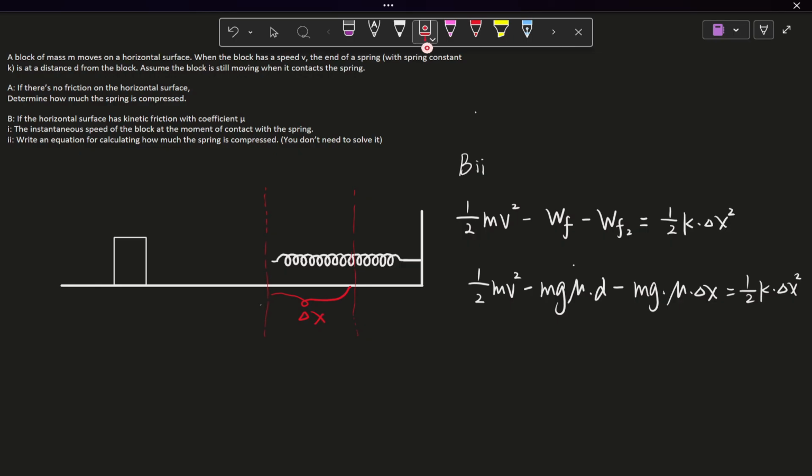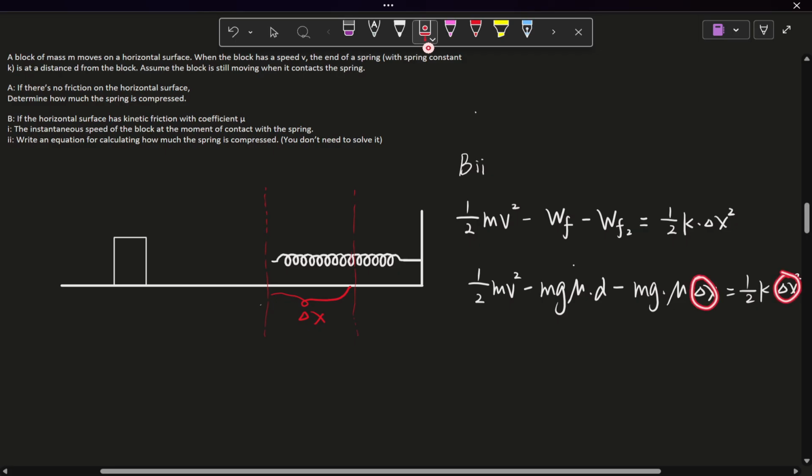Because you don't need to solve it, you can just stop right here. But if it actually asks you to solve it, I'll tell you a way to solve it. As you can see, you're trying to solve for delta x, right?